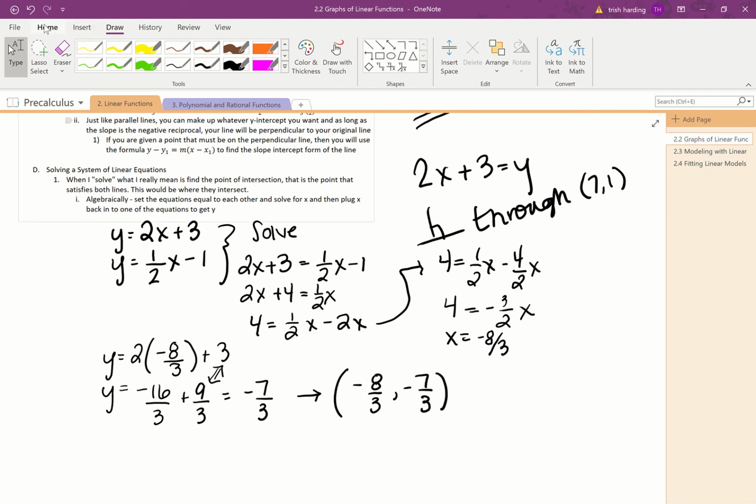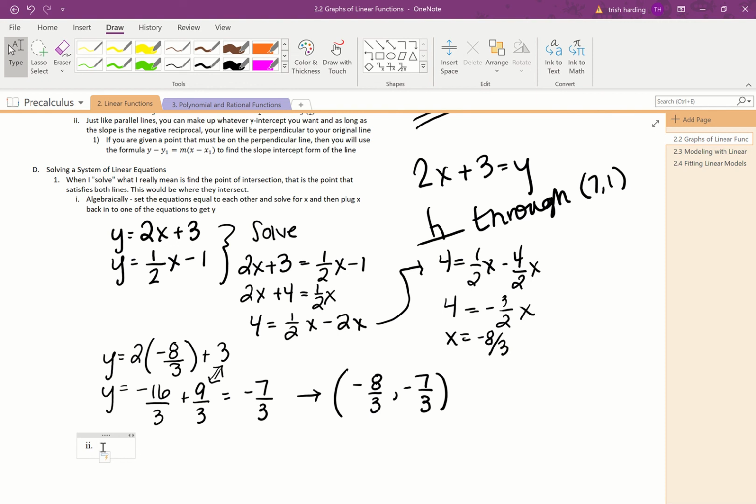So another way to solve them, let me change that. Another way to solve them is to look at a graph.